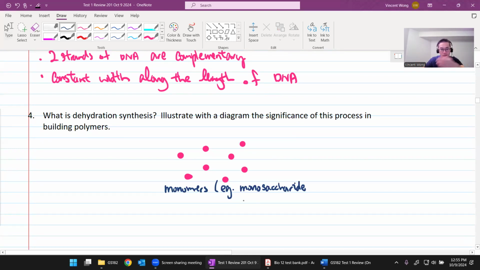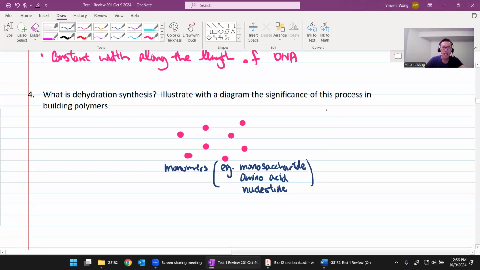Lipids don't have monomers. Amino acid and nucleotide. These are the three main kinds of monomers that we learned, and they are individual building blocks for the polymer.